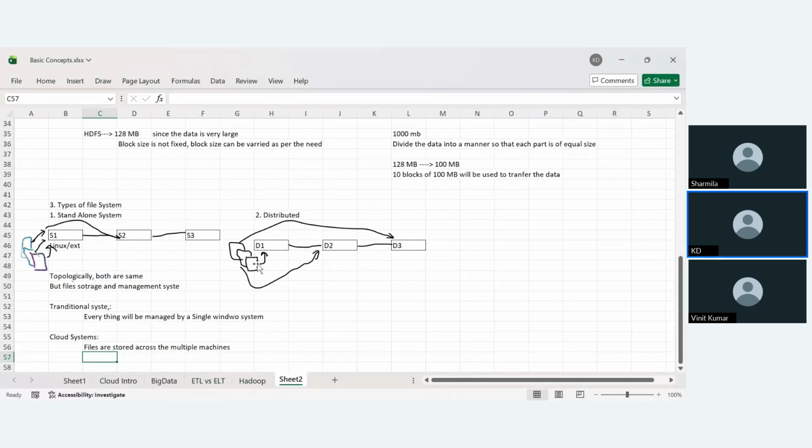So let's suppose document one has gone to D1, document two has gone to D2, and document three has gone to D3. Everyone is responsible for whatever document is being processed. All these systems comprise the HDFS. So at the same time, multiple systems can do similar tasks, and speed can be increased like anything in HDFS in this way.